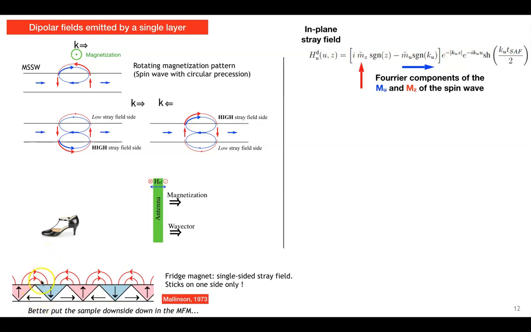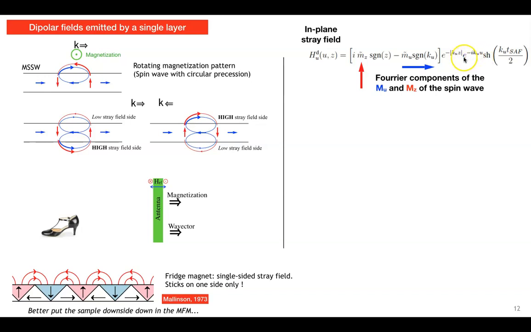And the spin wave is also a rotating magnetization pattern which rotates in space. And that's the reason why you have a high stray field side and a low stray field side. Of course, you can write that mathematically, okay? And then you will see that the stray field related to the spin wave on top of the film at a position z decays exponentially in the z direction.